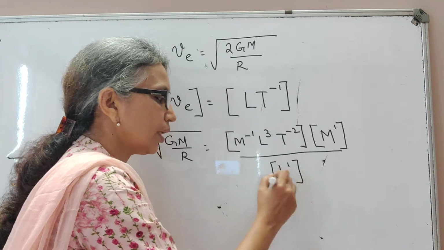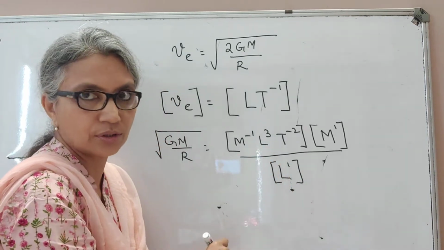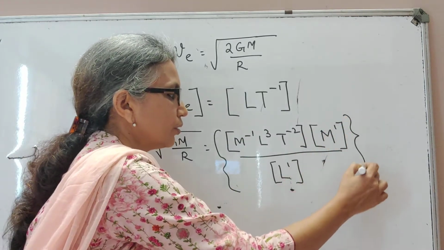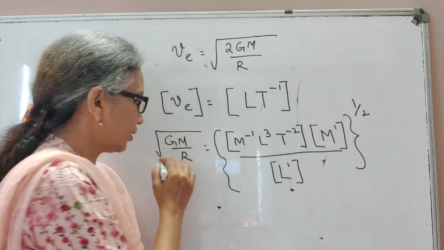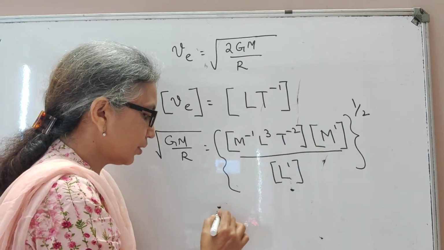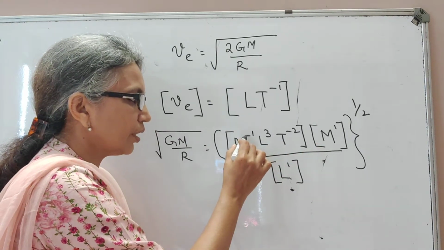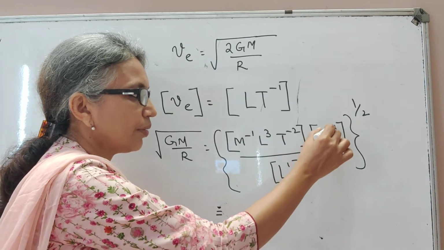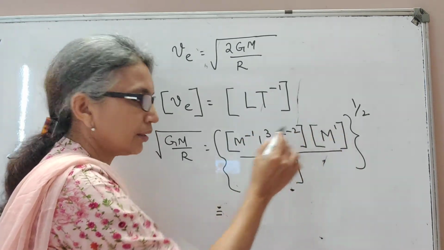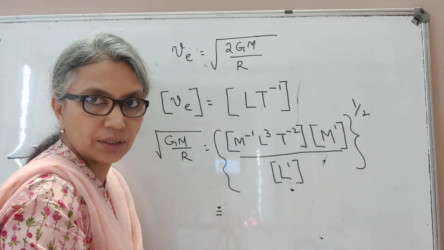If you want, you can write M^0 L T^0. That's also okay. Now this whole thing has to be raised to half because this is coming under the square root. Now I'll multiply these two. This is going to be equal to M raised to minus 1, and here we have M raised to 1. When you multiply the two, the powers get added. So minus 1 plus 1 will be 0.